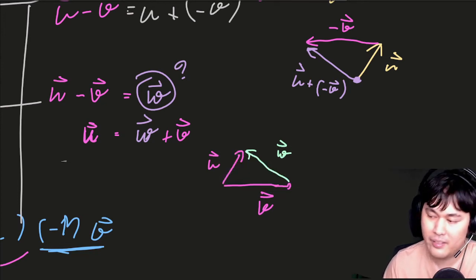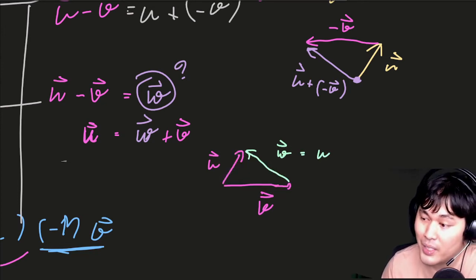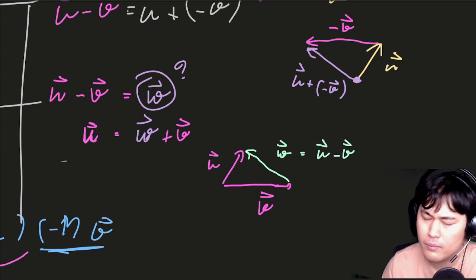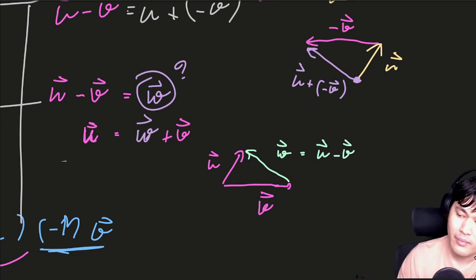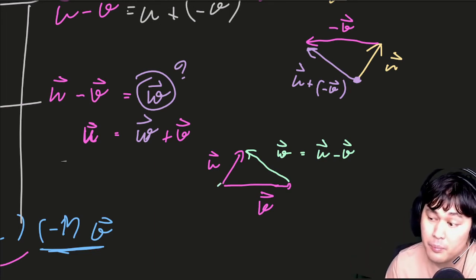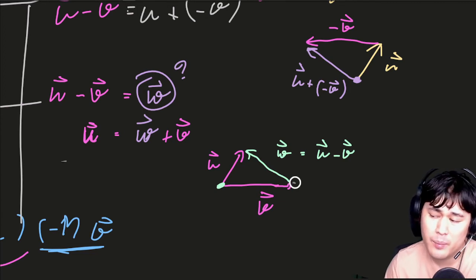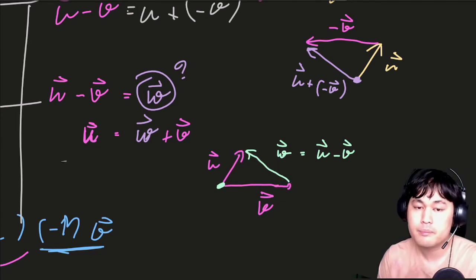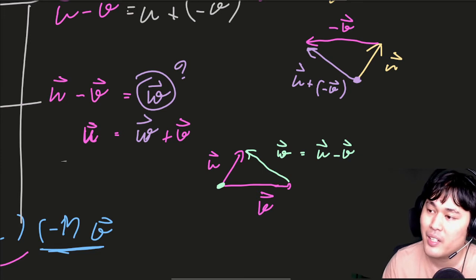And again, this is what you are taught in most textbooks. To subtract, you lay the vectors out in this formation and connect the terminal point to terminal point, which is again difficult to see.